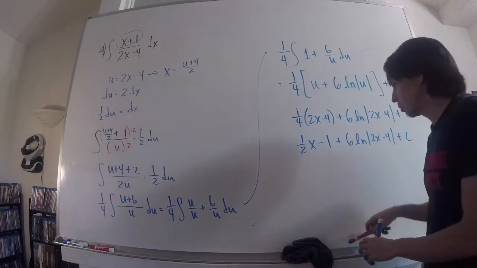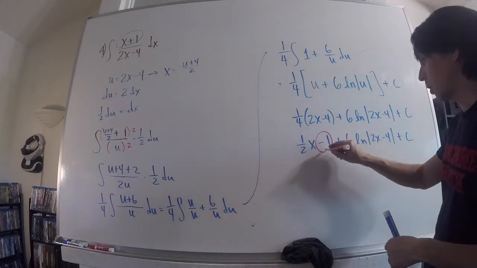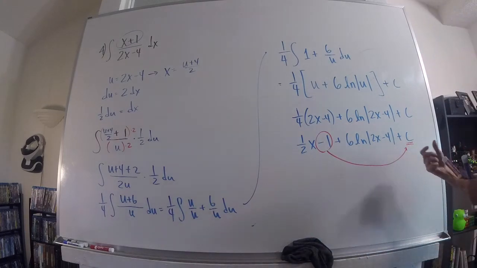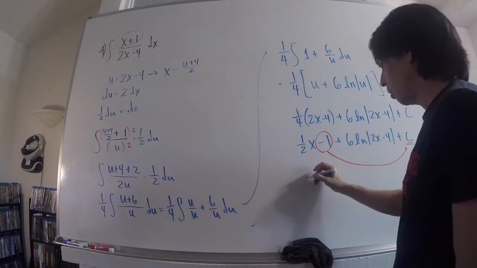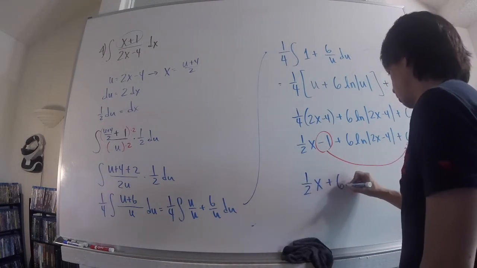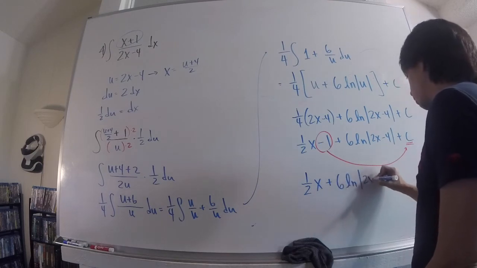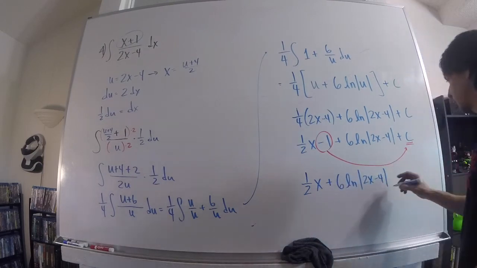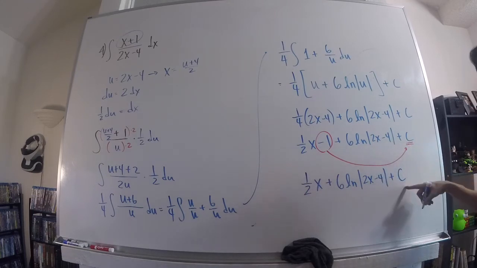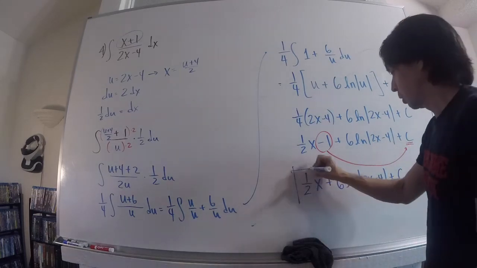That's good, although they do like you to note that this is a constant and you can absorb it into the c. So combine it with the arbitrary constants. All the other terms have to be left though. You need a 1/2 x plus a 6 ln of 2x minus 4. You could factor that, but now you don't have to. And then that minus 1 and that c combine for a new arbitrary constant c, but it's arbitrary anyway.